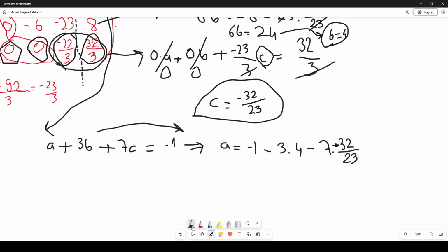Okay, let's keep going. Now we got A is equal to minus 1, and this is minus 12, right? And minus minus again plus, and we multiply 7 times 32, so plus 224 over 23, right?